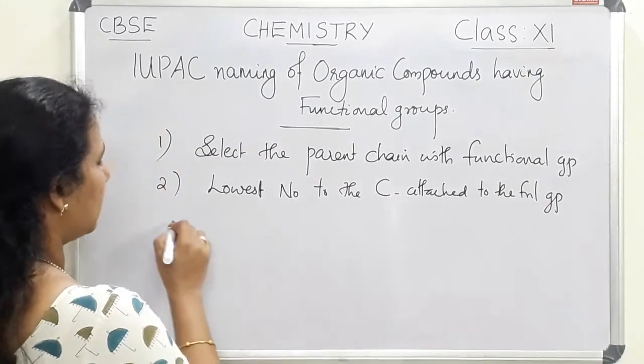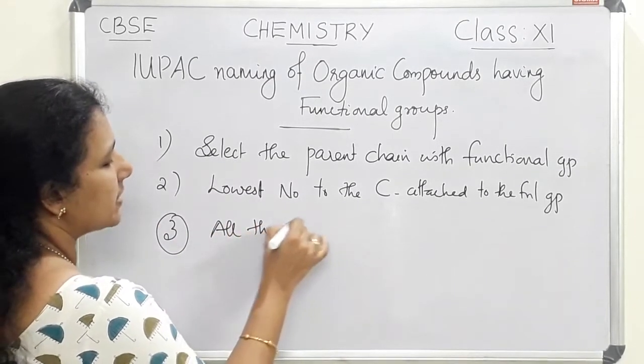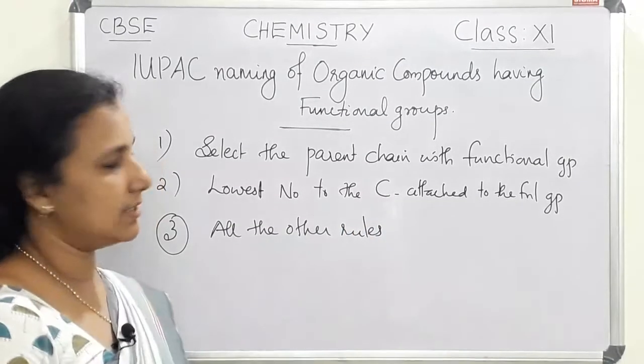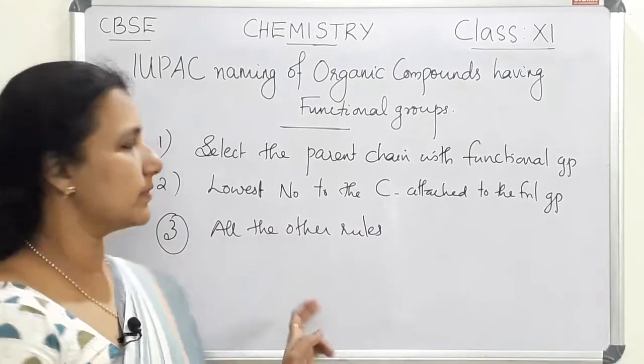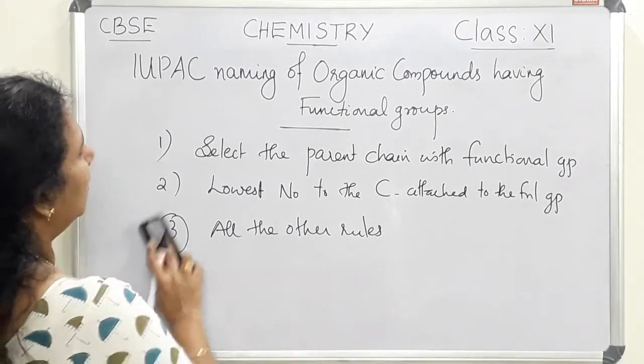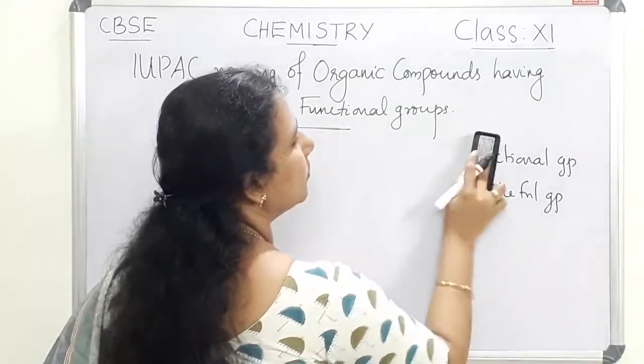That is the second rule. And all the other rules we have studied in the case of alkanes, alkenes and alkynes are to be followed in this case also. So these are the 3 points to be noted before naming an organic compound with functional groups. So let us write one example.